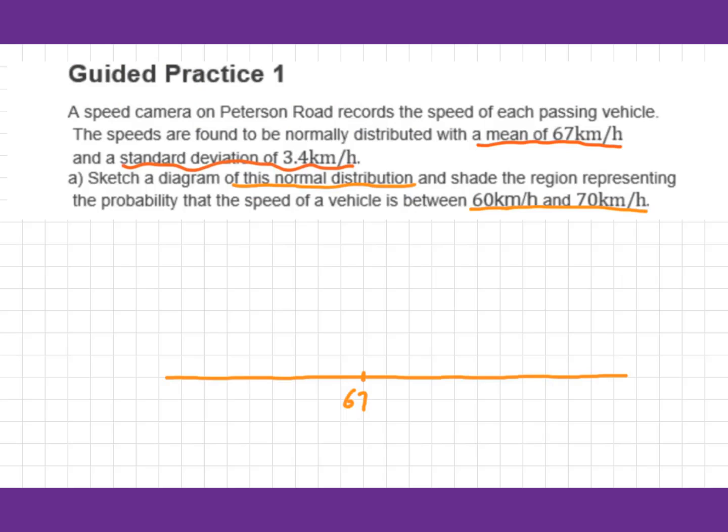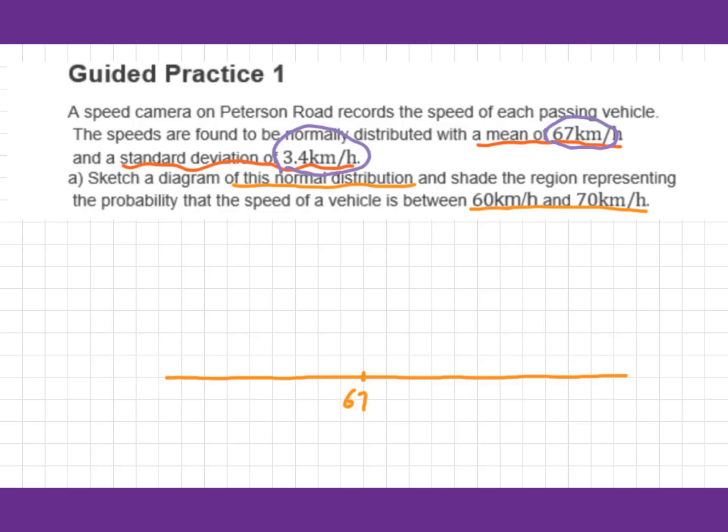Let's go to guided practice 1. A speed camera on Peterson Road records the speed of each passing vehicle. The speeds are found to be normally distributed with a mean of 67 km per hour and a standard deviation of 3.4 km per hour.